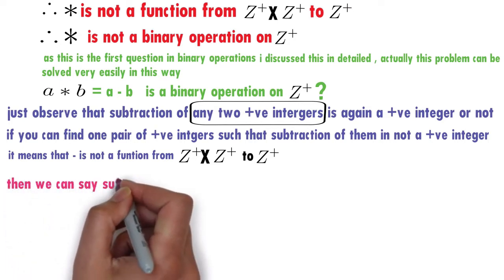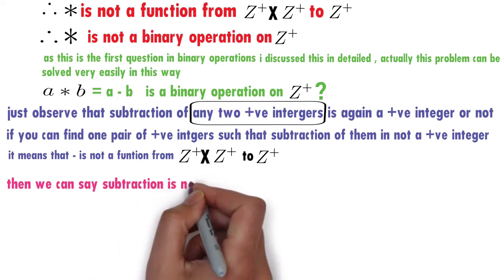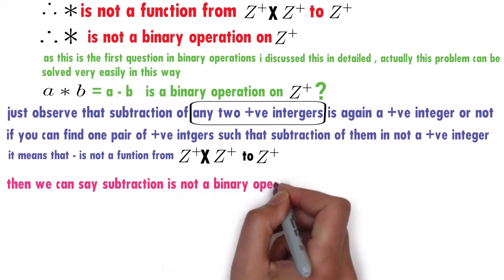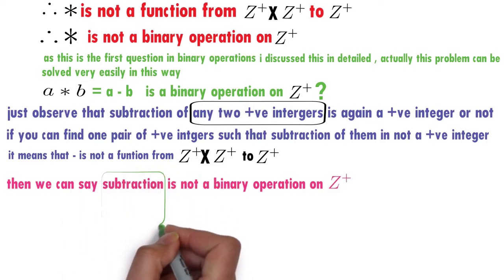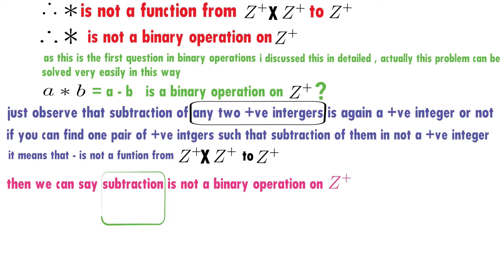Then we can say subtraction is not a binary operation on Z plus. What is subtraction here? Star is defined as subtraction. Therefore, subtraction is not a binary operation on Z plus.